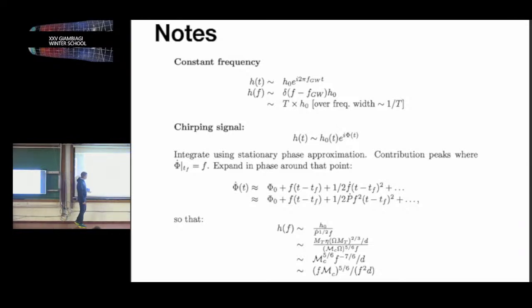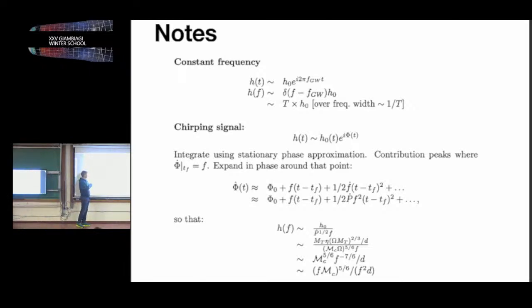But roughly speaking, what you get is that the h of f scales in this way, okay? I leave it to you as an extra: plug this back in, do the stationary phase approximation, and estimate h of f for a chirping signal.